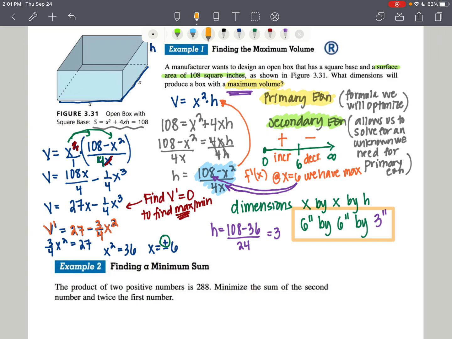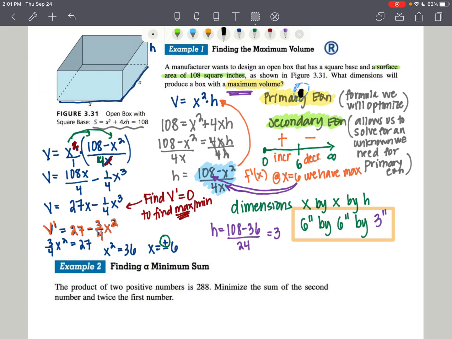Our goal is to have our primary equation have two variables, an input and an output. This way we can avoid having to do implicit differentiation. Okay? Once we use our secondary equation to solve for a variable to plug back into our primary equation, we can then set that derivative equal to 0.